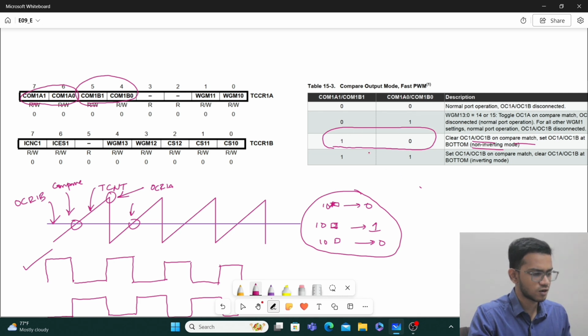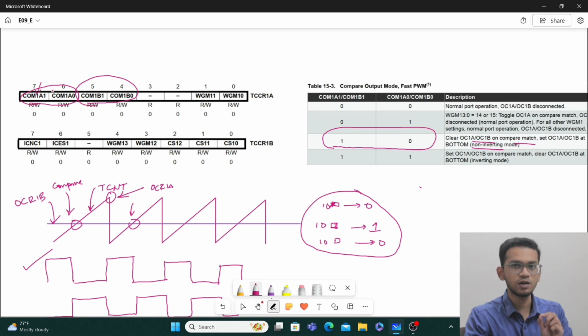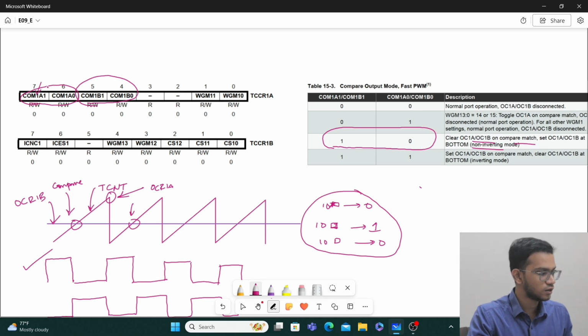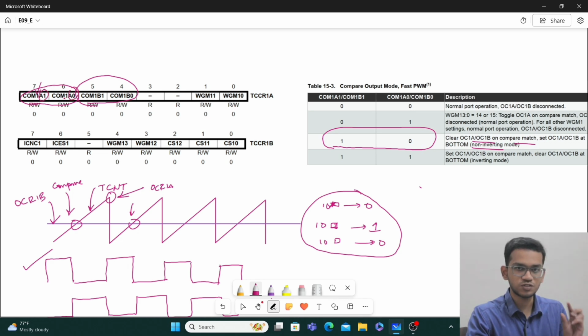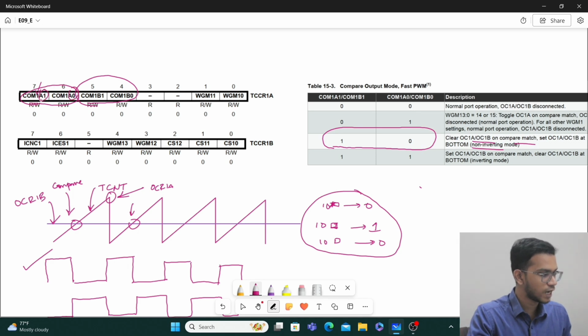So what do COM1A1 and COM1A0, and COM1B1 and COM1B0 stand for? See, the first one, COM1, stands for timer 1. The A1 bit and A0 bit stand for the bit number. When we say A, what does A mean here? A means it is the OC1A pin, which is pin number 9.